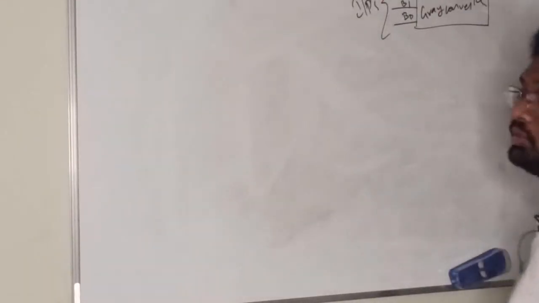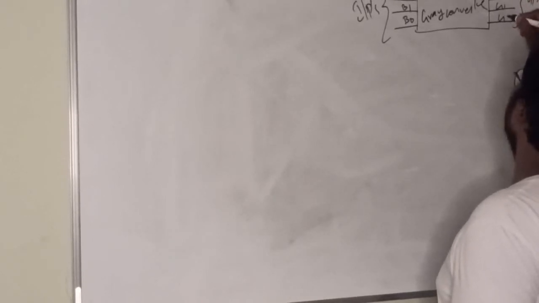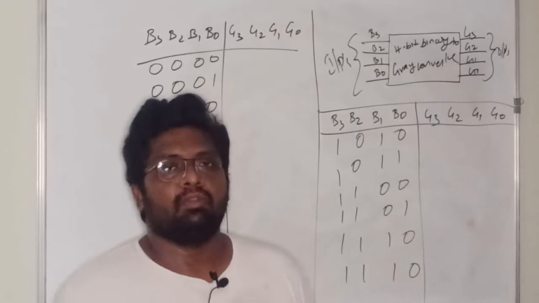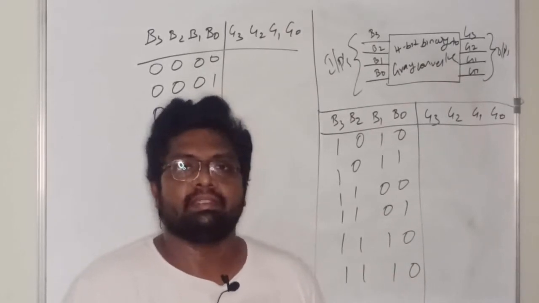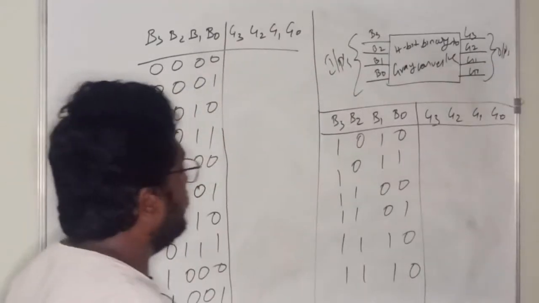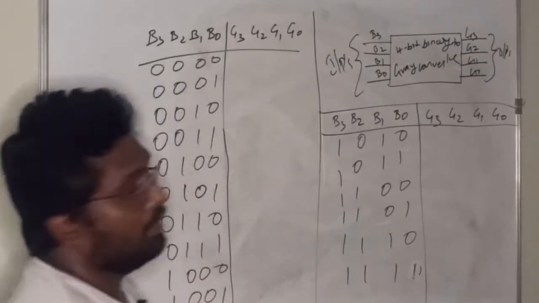These are the inputs, and here we have 4 outputs, G3, G2, G1 and G0. When we have 4 inputs, we will have 16 possibilities, right? The possibilities are 0, 0, 0, 0 up to 1, 1, 1, 1, right?